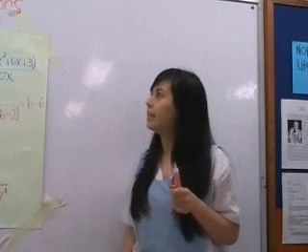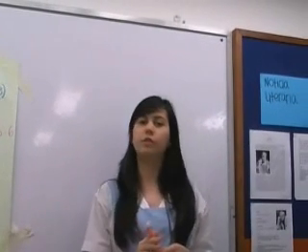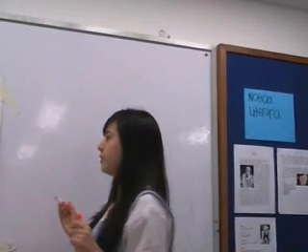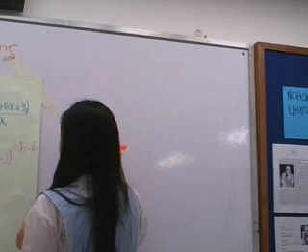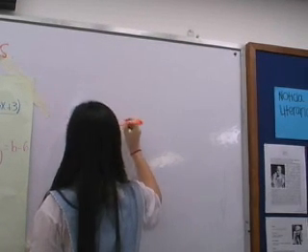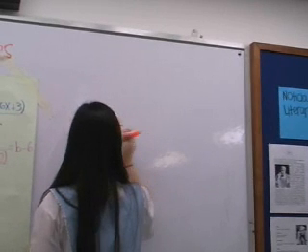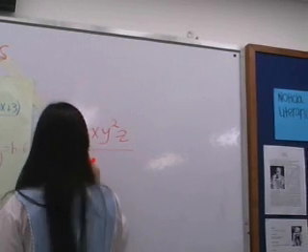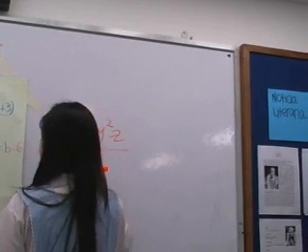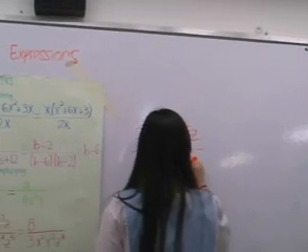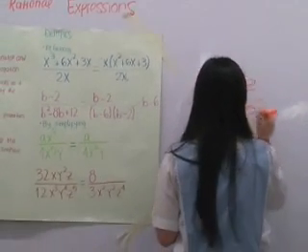Okay, simplifying rational expressions, but not using a case of factorization. So, 32 x y squared c over 12 x cubed y to the power of 4 c to the power of 5.